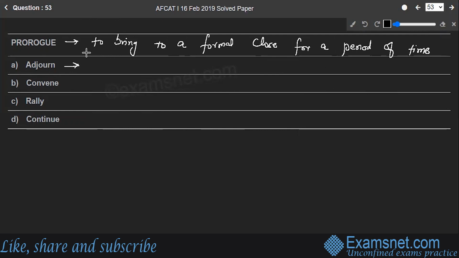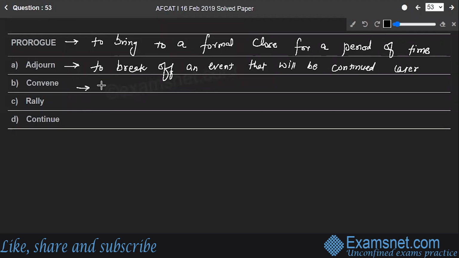It means to break off a meeting or a legal case with the intention of resuming it later. To break off an event that will be continued later, right? Then is the word convene, which means come or bring together for a meeting or activity.